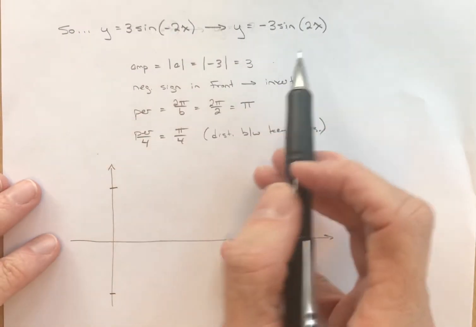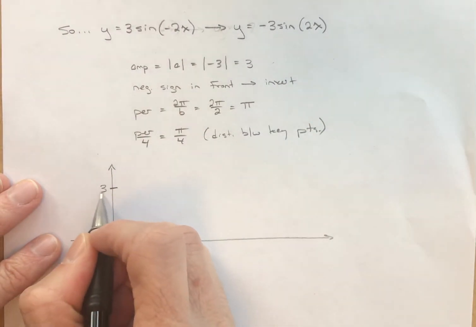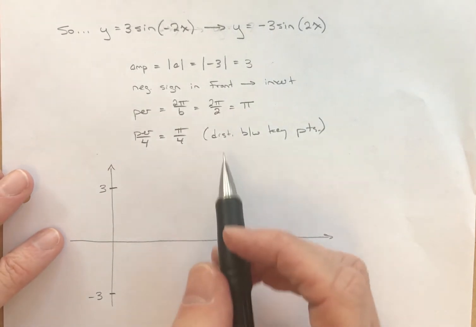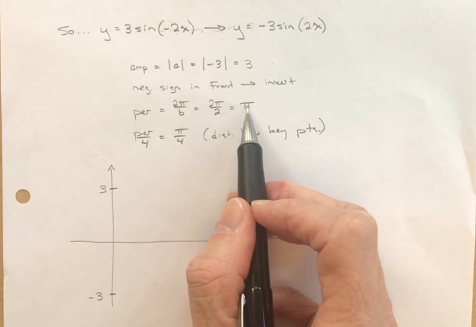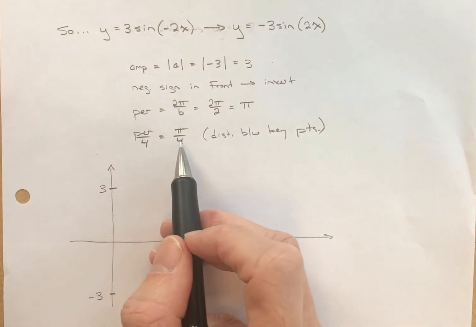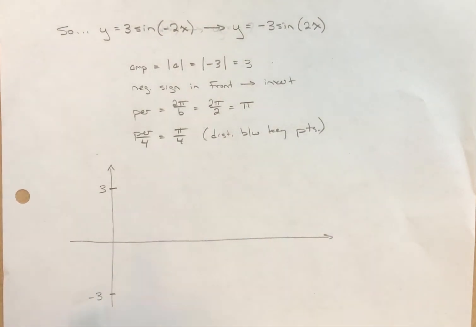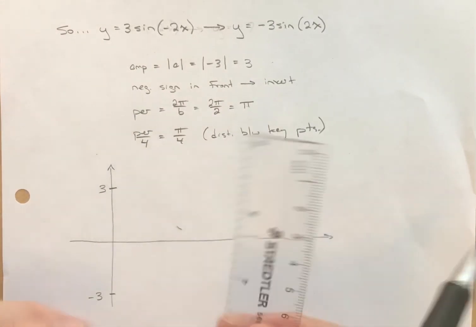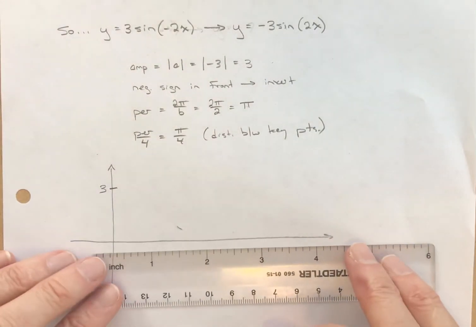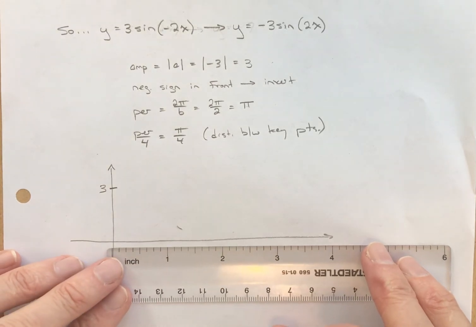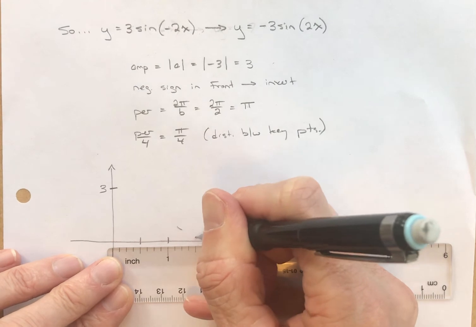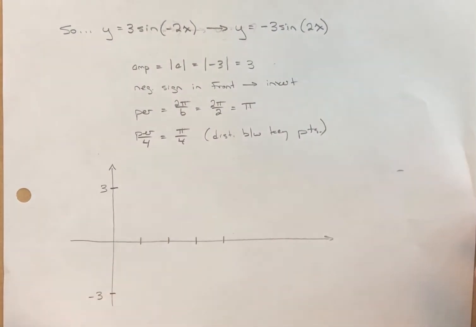Because we know the amplitude is 3, I know I'm going from 3 to negative 3. The period is pi, and I'm going to go pi over 4 to get from key point to key point. I'll again go by 1/2 inches, just because I didn't make my line long enough. So there's my 1 period.